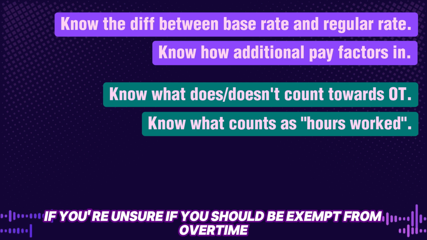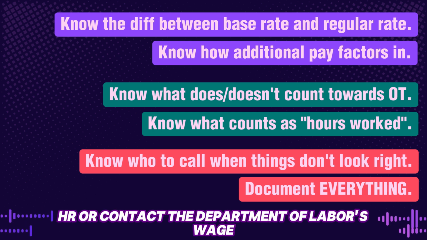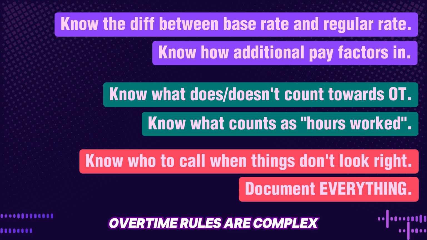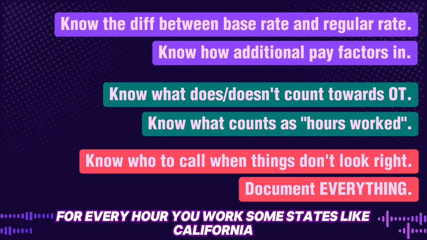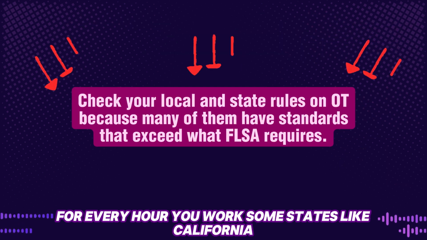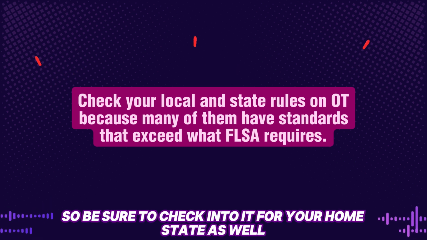Finally, if you're unsure if you should be exempt from overtime or if your overtime pay doesn't look right, check with your payroll department, HR, or contact the Department of Labor's Wage and Hour Division. Overtime rules are complex, but knowing your rights can ensure you're paid fairly for every hour you work. Some states like California and Nevada have unique overtime rules that exceed what FLSA requires, so be sure to check into it for your home state as well.